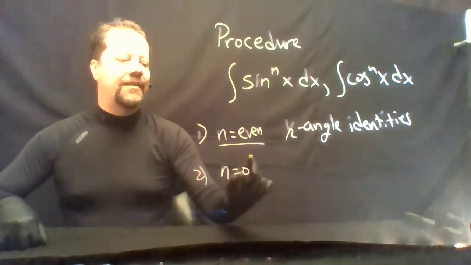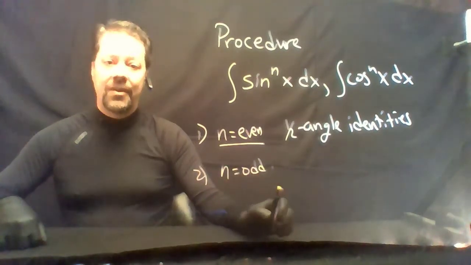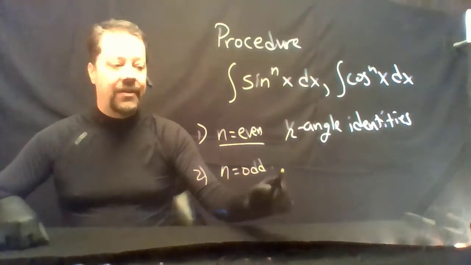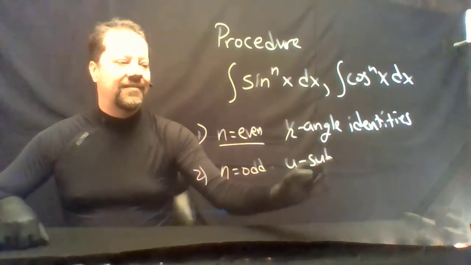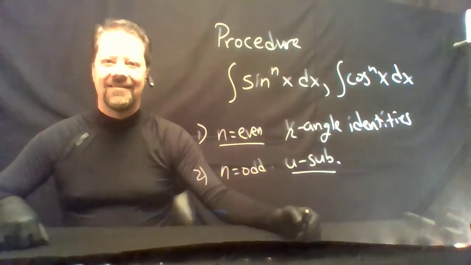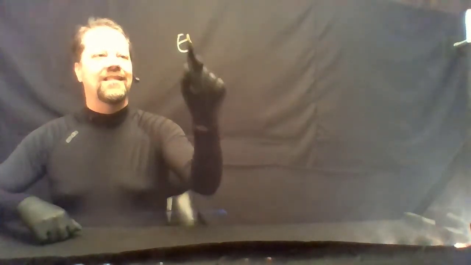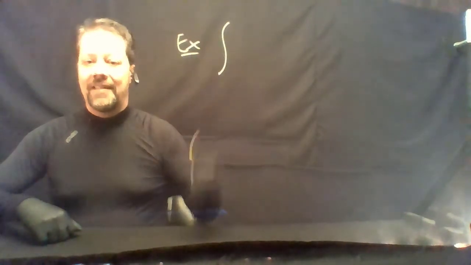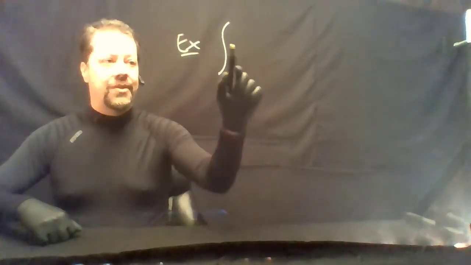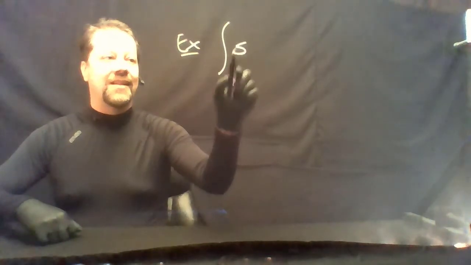If n is odd, you use the Pythagorean identity and use substitution. This procedure even works if you have a mixture of sines and cosines.